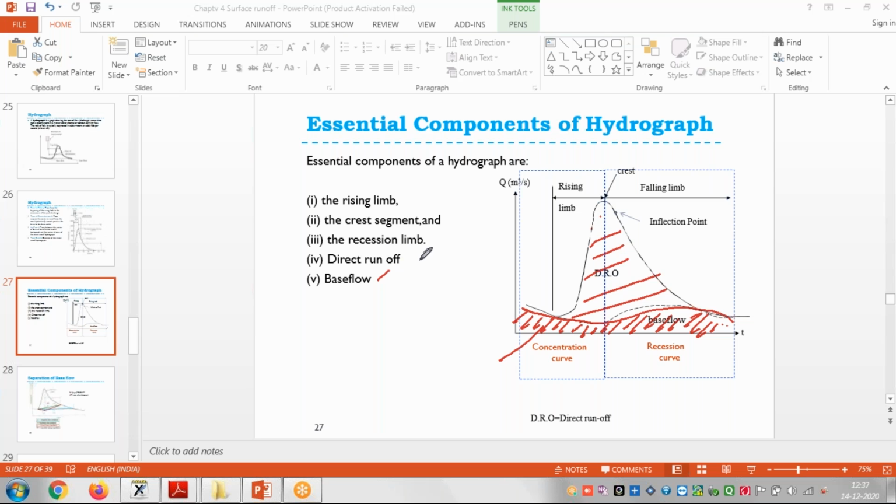Is this clear? Base flow, direct runoff, recession limb. Recession limb is nothing but this same thing. And the rising limb is this one, which is the crest segment. This is the crest and these are the segments. Is this okay?